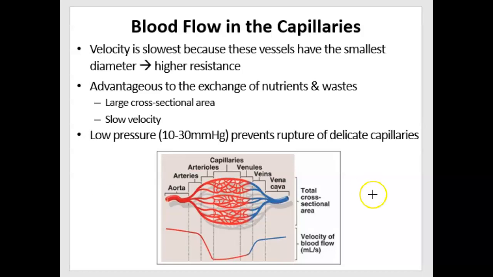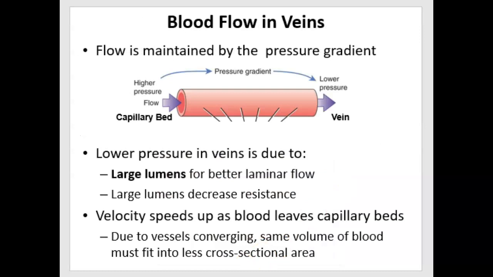Okay, now we're going to look at blood flow in veins, and as we know, the blood flow, the velocity anyway, is going to increase, right? So why does it continue? Blood flow is maintained because there's still a pressure gradient.